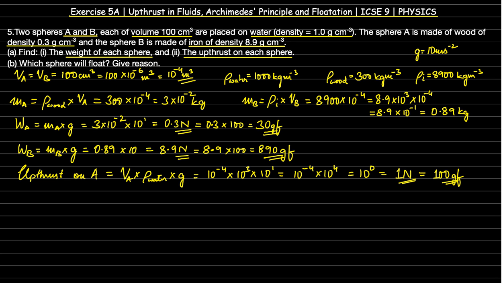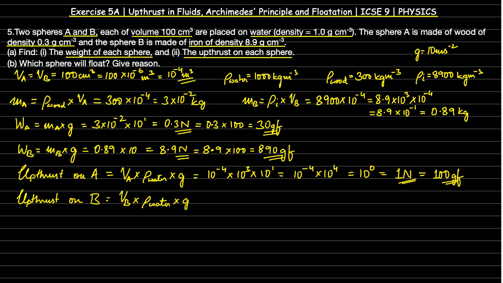Now we would be finding upthrust on B. So upthrust on B is VB into, again it will be density of water, into acceleration due to gravity.